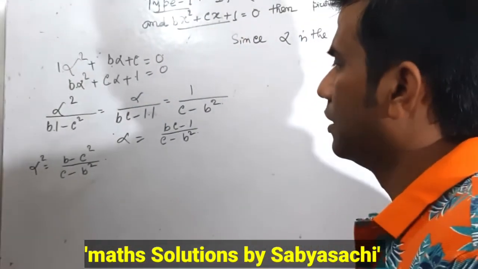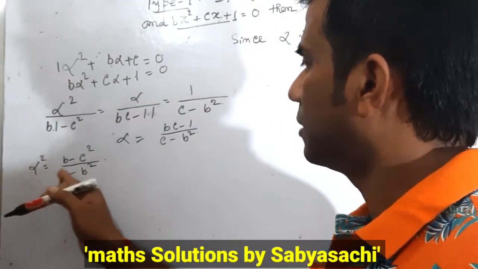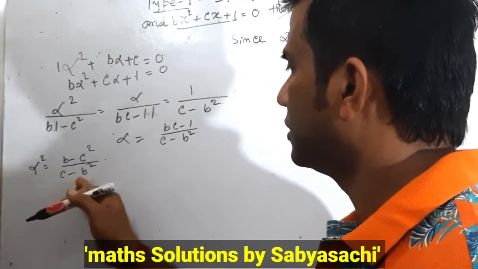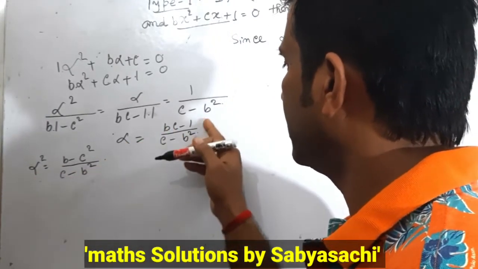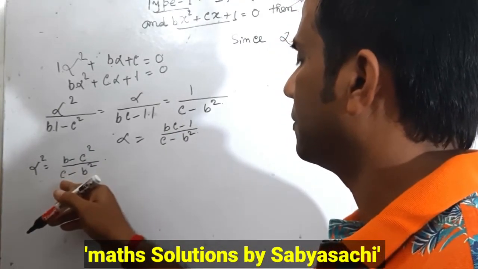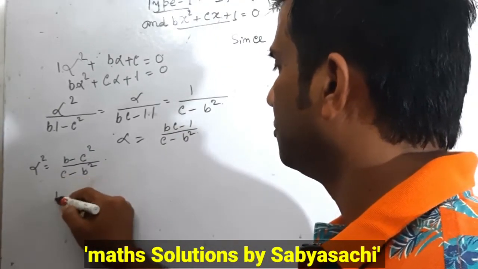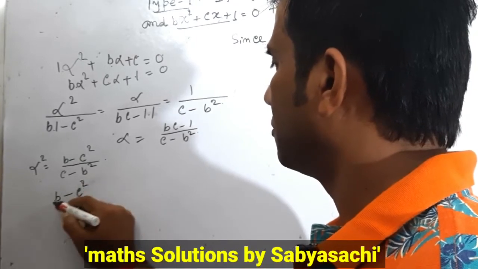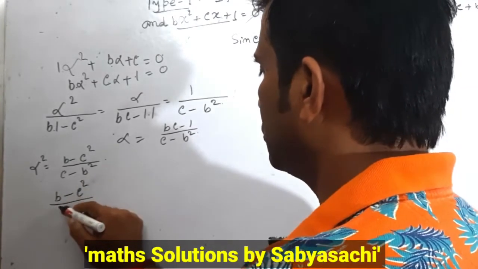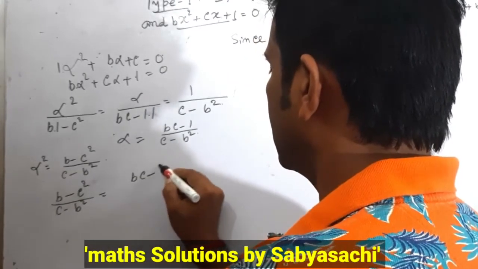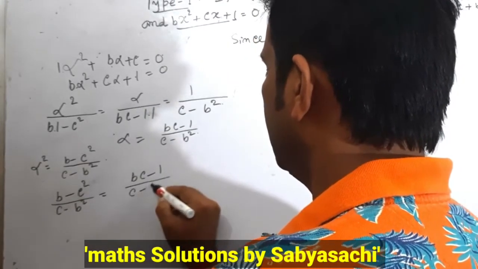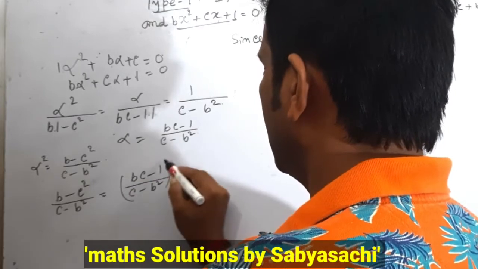You know that the value of alpha square is this and the value of alpha is this. Now squaring this we get the value of alpha square. So b minus c square by c minus b square is equal to bc minus 1 by c minus b square, whole square.